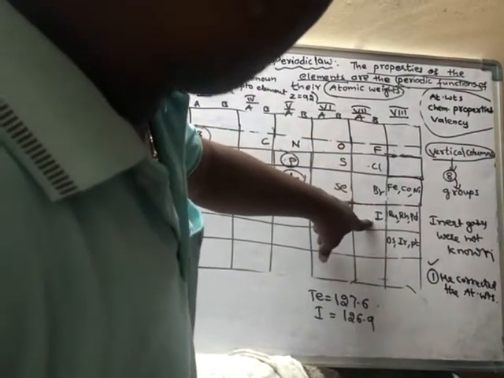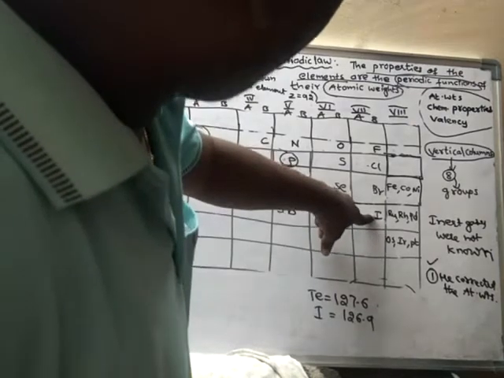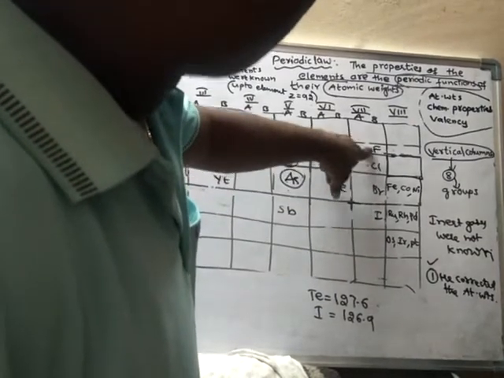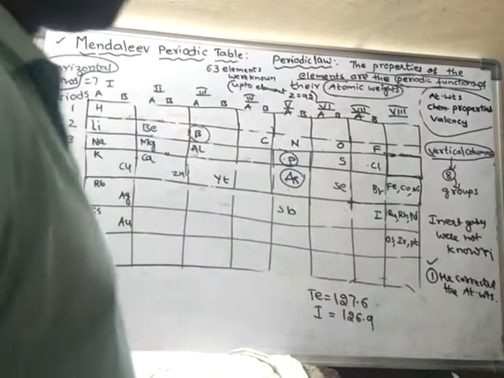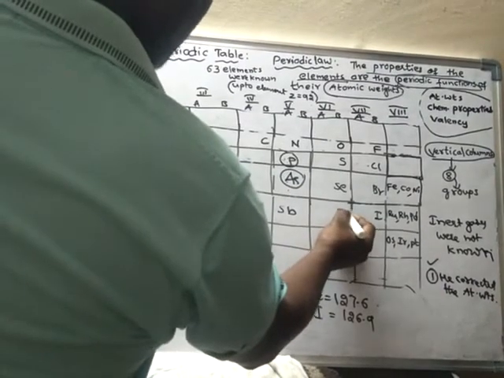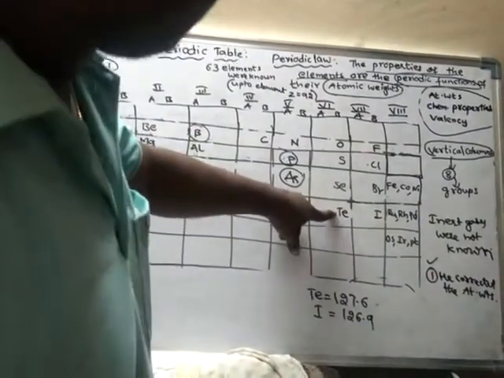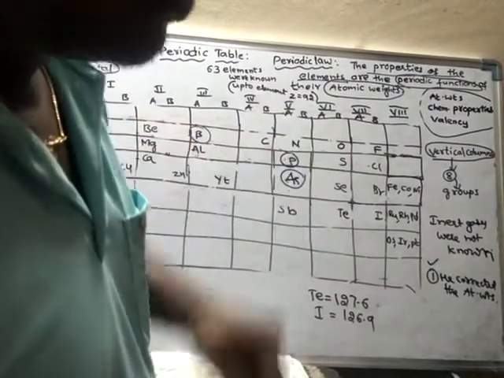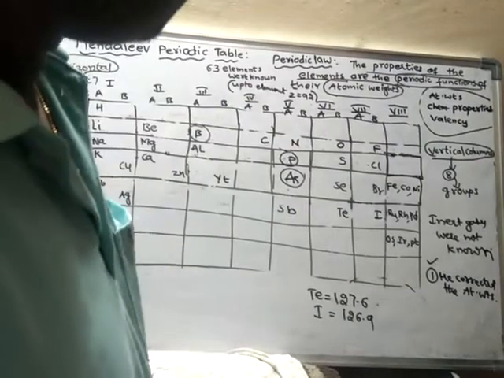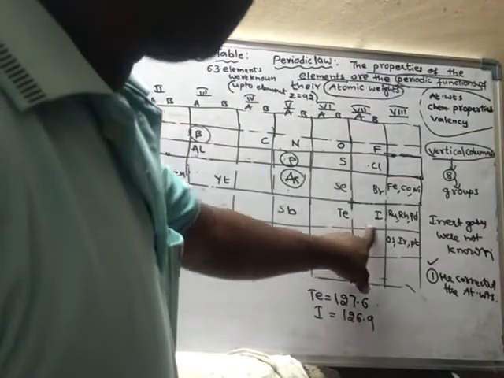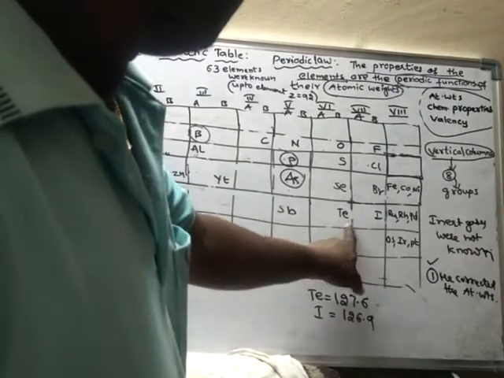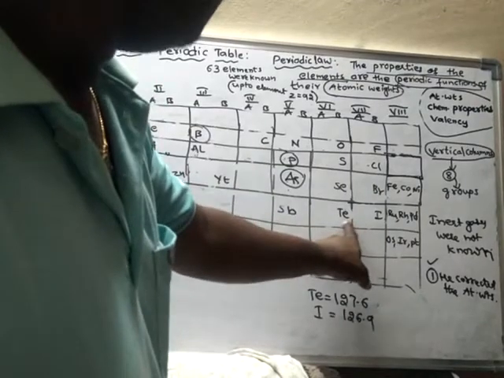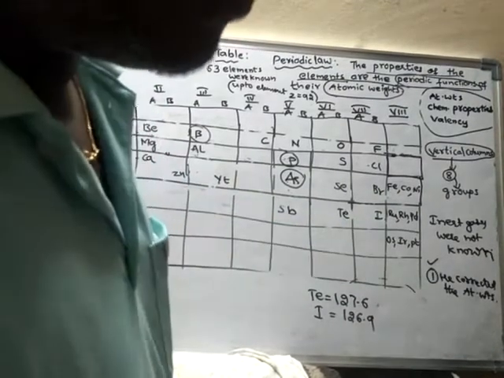When iodine was placed here, the properties of iodine matched the properties of the other members in the group. And he kept tellurium here and found that tellurium's properties match with oxygen, sulfur and so on. So that means he interchanged the elements here and there.